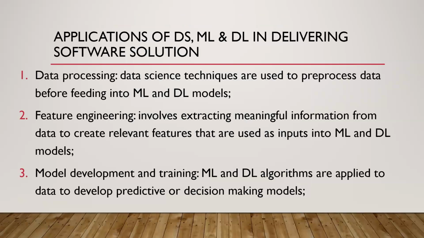So next, we want to look at the applications of data science, machine learning, deep learning in delivering a software solution. We begin with the data processing. In this one, data science techniques are used to pre-process data before feeding into machine learning and deep learning models. Feature engineering involves extracting meaningful information from data to create relevant features that are used as inputs into machine learning and deep learning models.